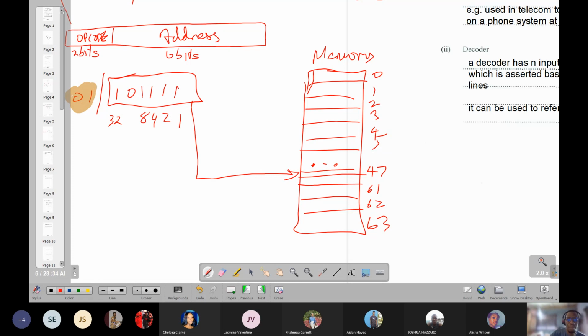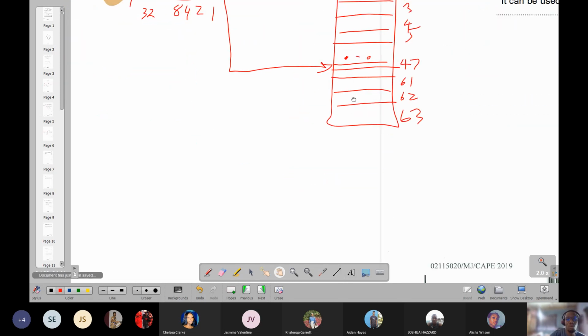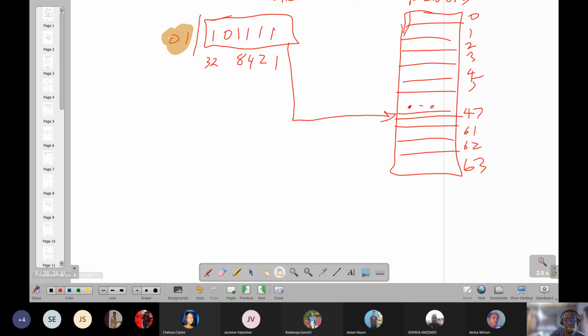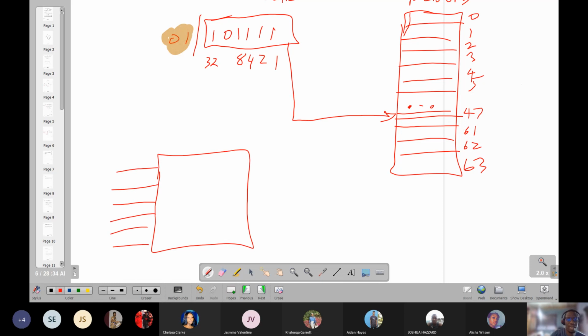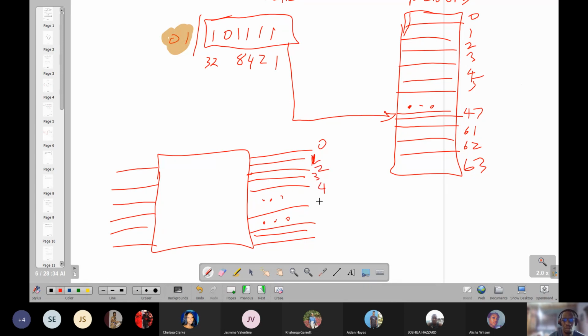That's how decoding works. So basically, if my decoder had 6 inputs, 1, 2, 3, 4, 5, 6, it could have up to 64 outputs. This would be output line 0, 1, 2, 3, 4, and so on.